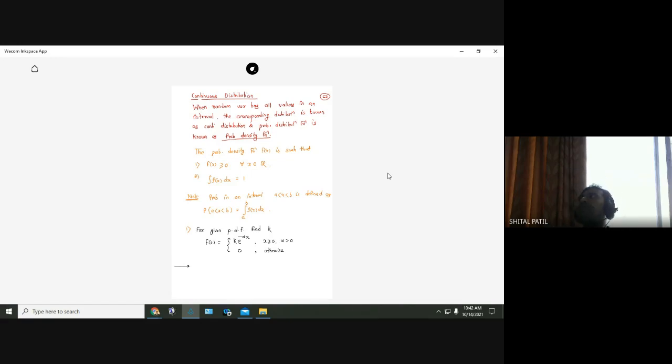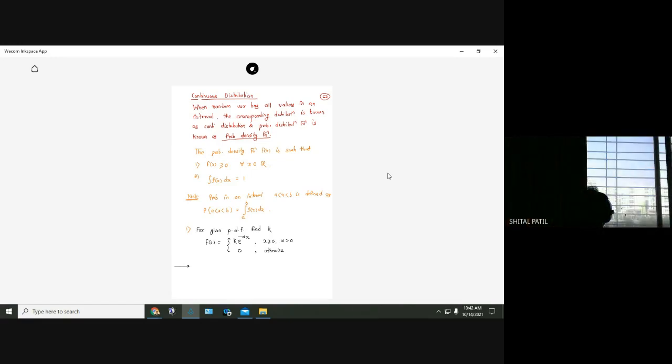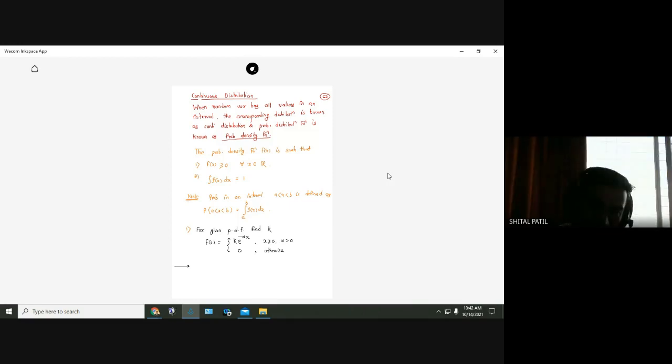So one important property of the probability distribution function is known to us. What is the property? Second property: integration of f of x dx equal to 1.